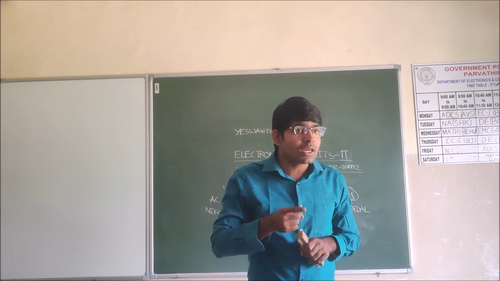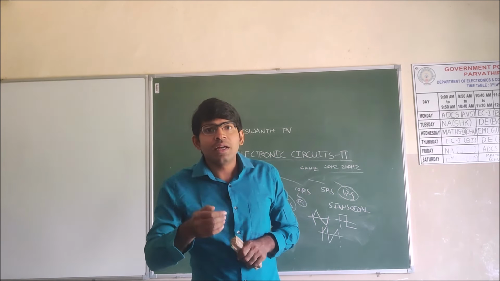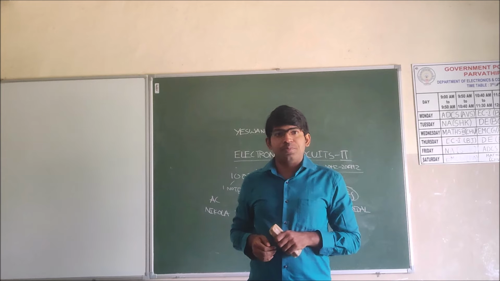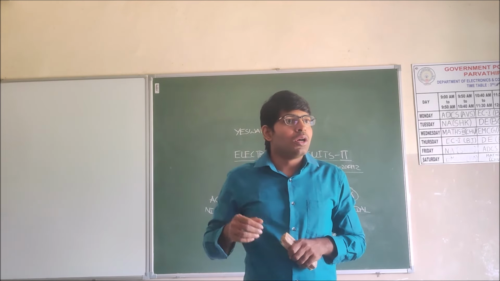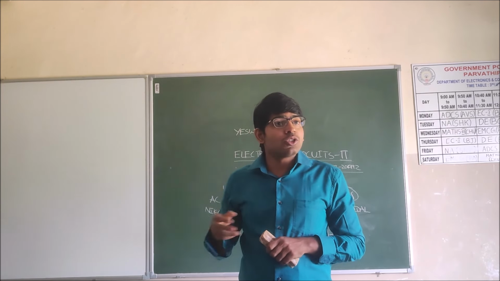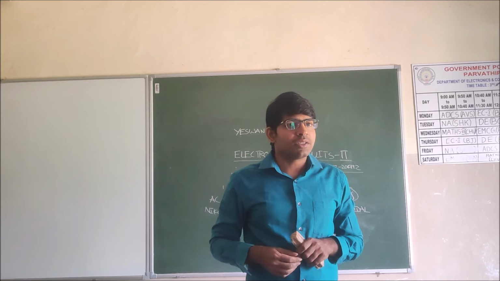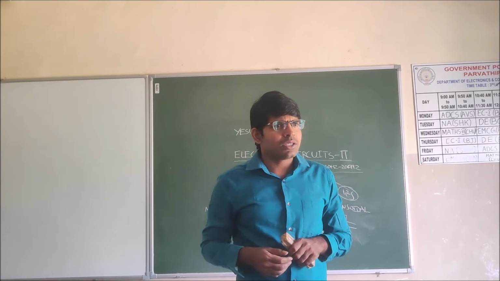But AC voltage can be transferred to long distances. Then he separated from Edison. Then he tried a new way to introduce the alternating current, AC voltage. He tried different ways. And he faced even court cases also.